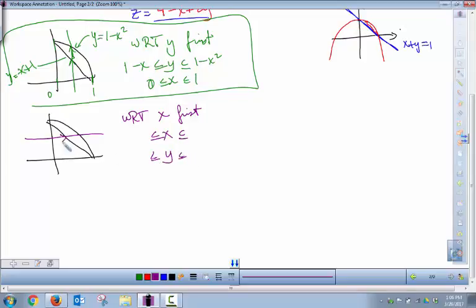And then I'm going to notice that I'm going to enter through the same line, right? But I need to now express that line as x as a function of y. So x equals 1 minus y. So that's a good lower function to have.